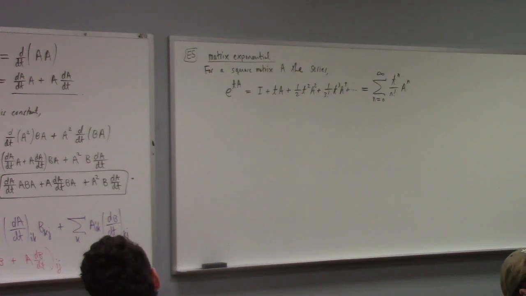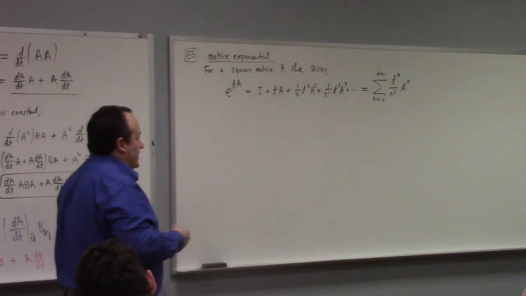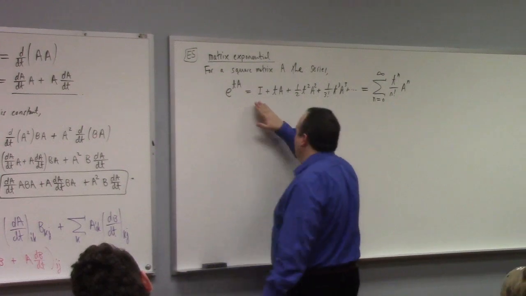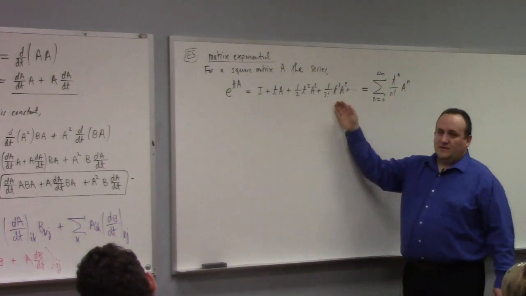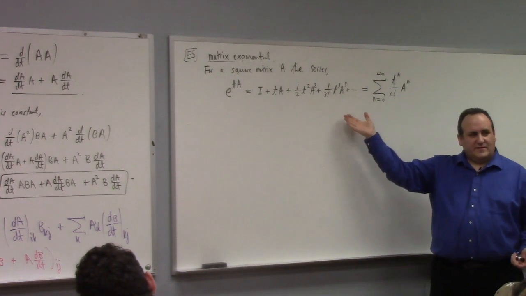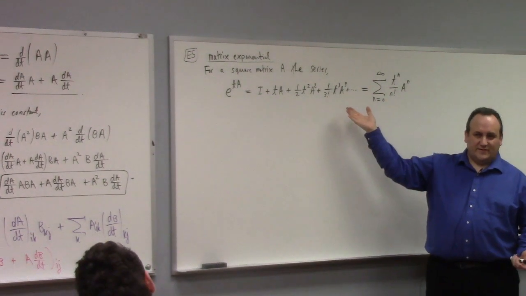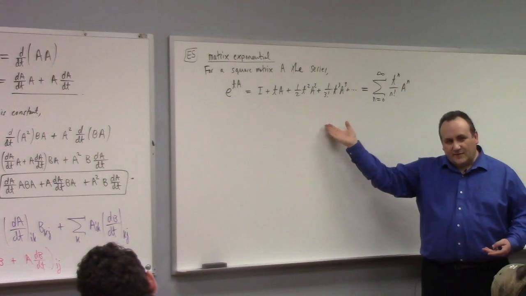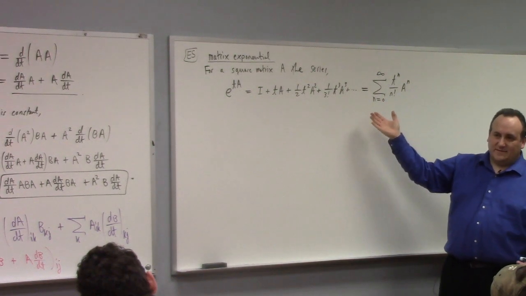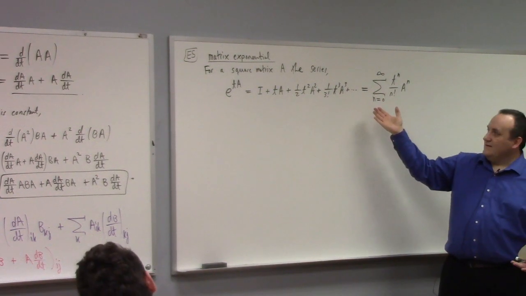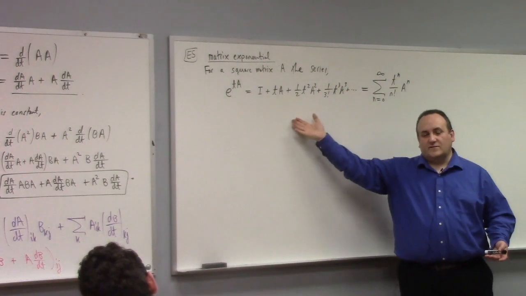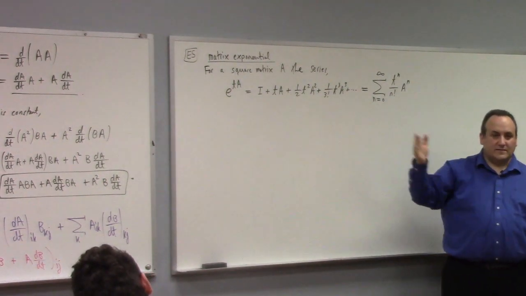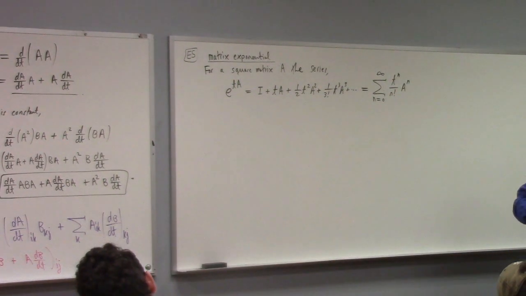It's a very important function of matrices. And the beautiful thing is, you remember Calculus 2? You loved convergence and divergence. Some series converged, some didn't, right? The thing is, this series converges for any matrix, period.